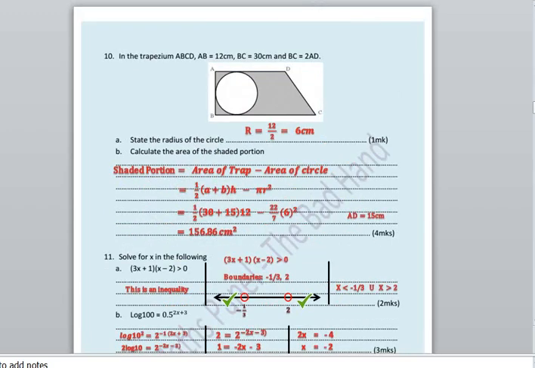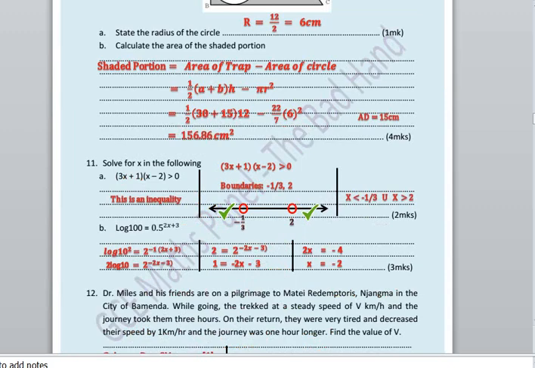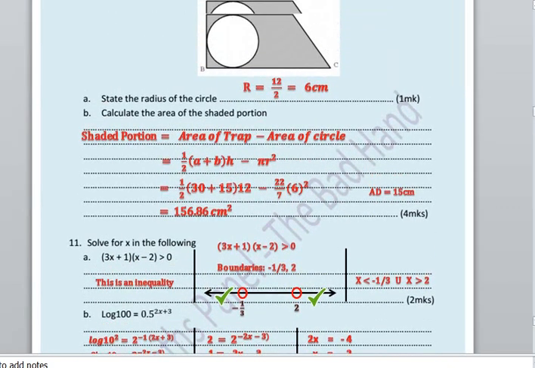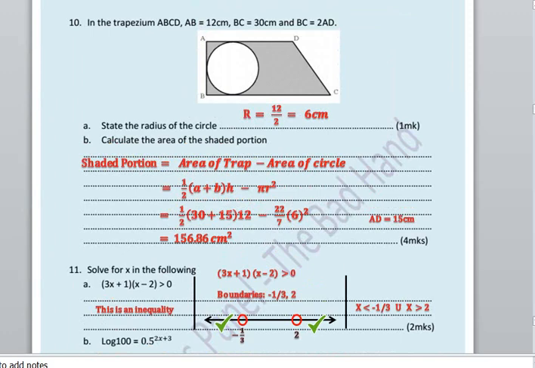Question 10. In question 10, we have this figure. In the trapezium ABCD, AB is 12 centimeters and BC is 30 centimeters. And we are told that BC is 2 times AD.